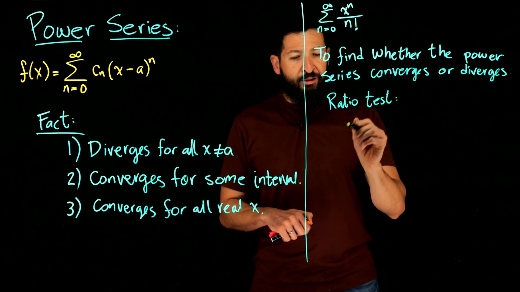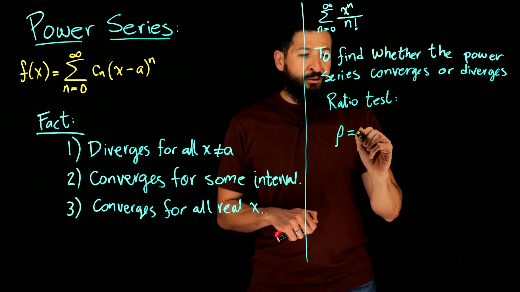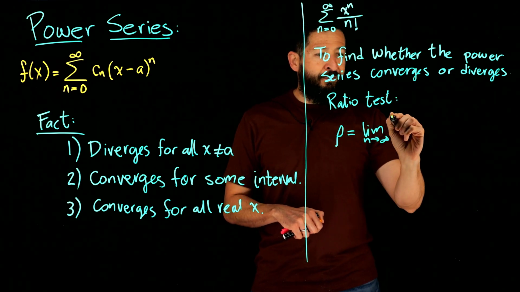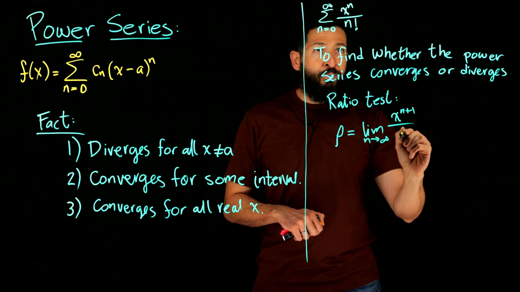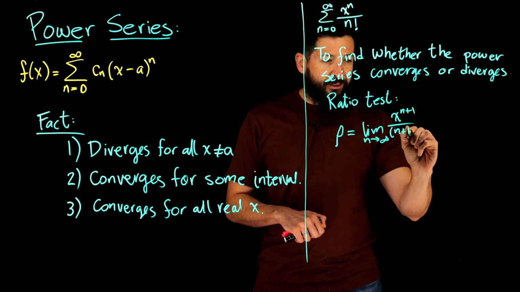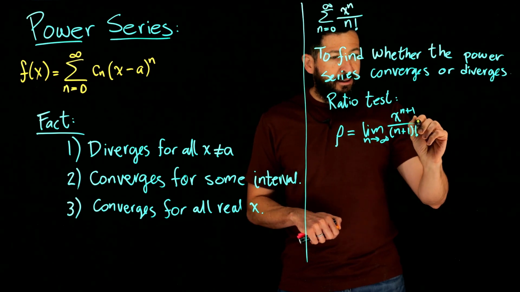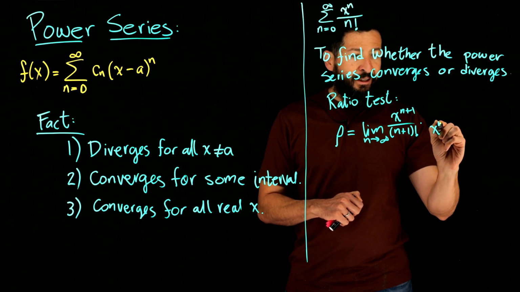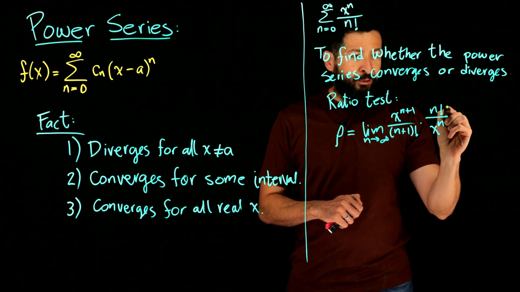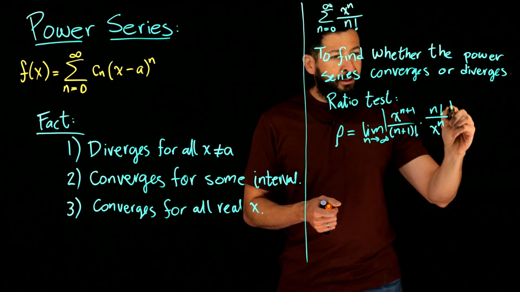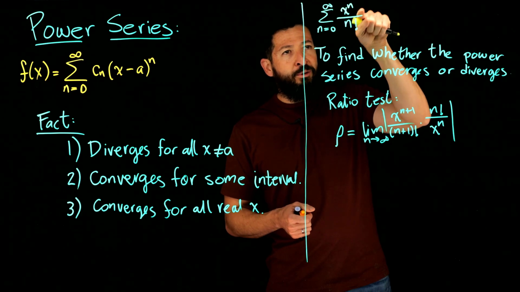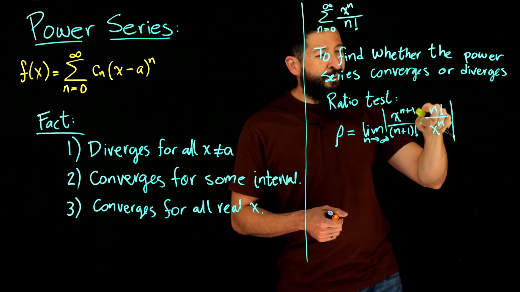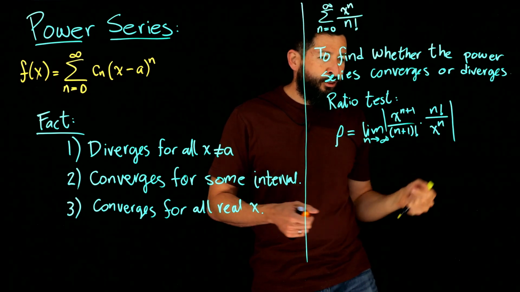Remember, we take rho, which is going to be the limit as n goes to infinity of the ratio of x to the n plus 1 over (n plus 1) factorial, multiplied by the reciprocal of x to the n over n factorial. Remember, the ratio test was c sub n plus 1 divided by c sub n, but instead of dividing by c sub n, I multiply by its reciprocal, just to save space.